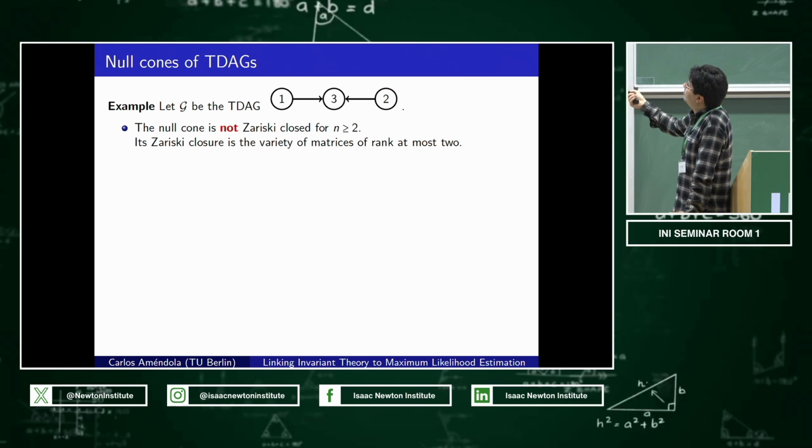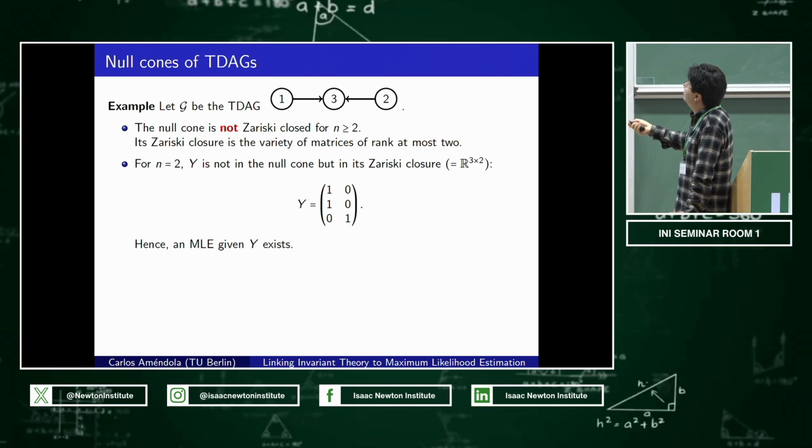So the Zariski closure is going to be the variety of matrices of rank at most 2, but you could have points that are in the null cone's Zariski closure. This would be a typical example where this matrix has rank 2, but the third row cannot be written as a linear combination of the first 2 rows.